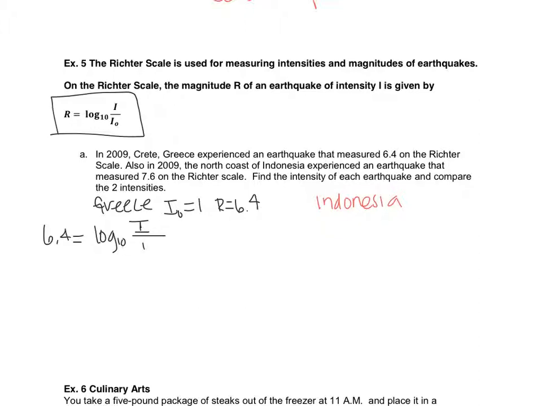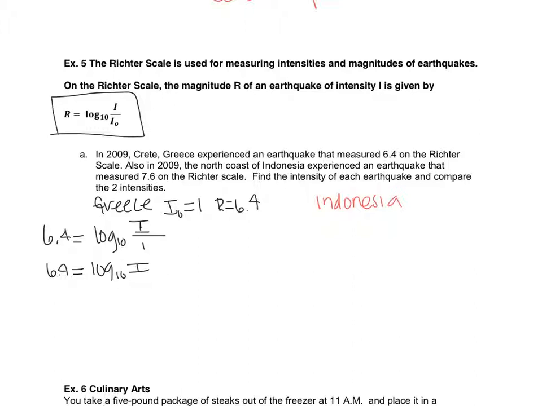Then I've got to figure out how to solve this for I. I divided by 1 is just I, so this is what I really have.